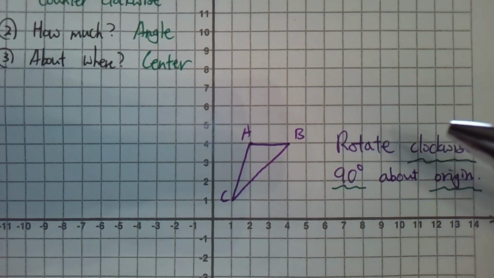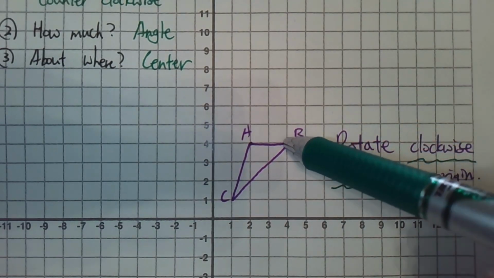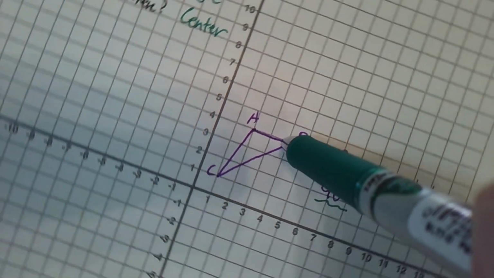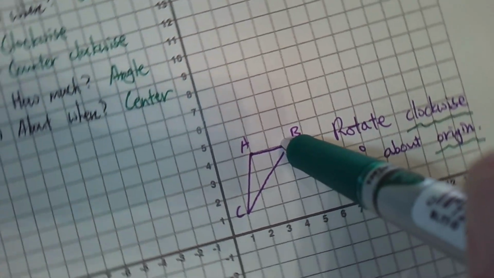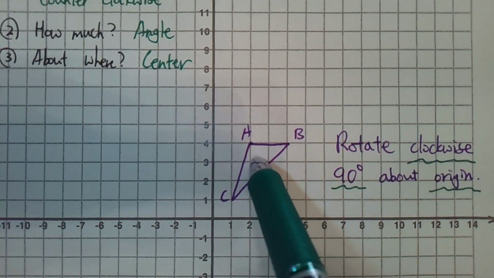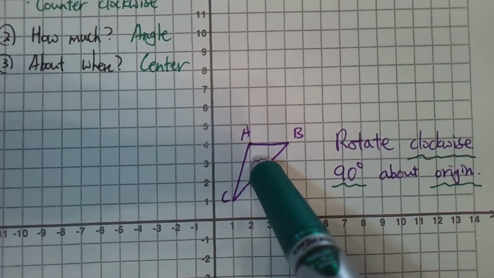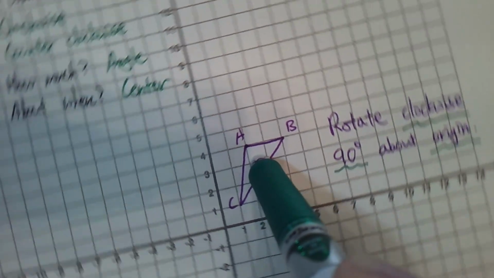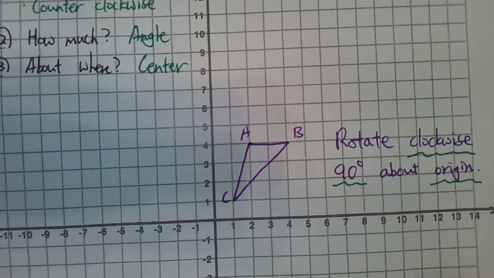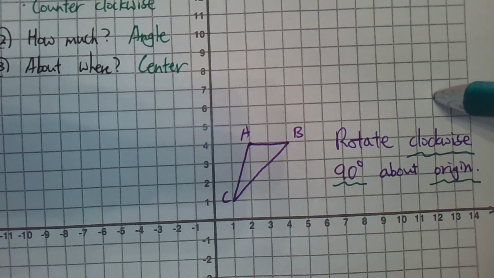If our center of rotation is point B, I'm going to put my pen right there. If I spin it, the triangle is going to spin in its place. Or more closely, if I put my pen inside the triangle, it's just going to spin around, right? Very small. But what if my center of rotation is all the way out here?